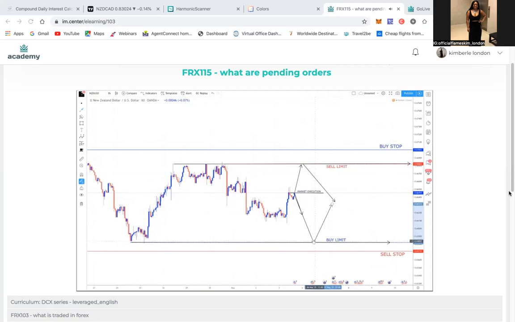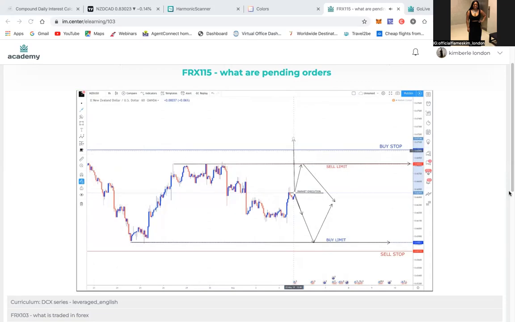Now, in the event that traders are looking for a market to continue in a certain direction, traders can also put in what's known as buy stops and sell stops. A buy stop is when the market is continuing to rise in one direction, and what they're expecting the market to do is break a specific price line, in this area, 1.6700.